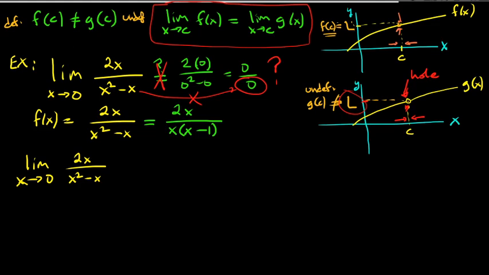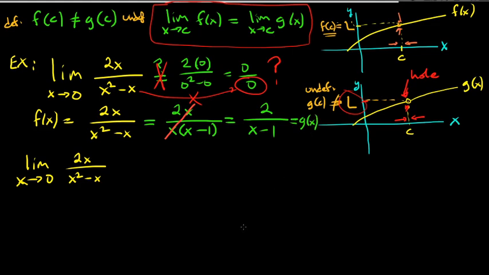You have to get used to factoring. Notice that x divided by x is 1, just like 5 divided by 5 is 1, or 2 divided by 2 is 1. The x's cancel, and what we end up with is 2 divided by x minus 1. That is my g of x.